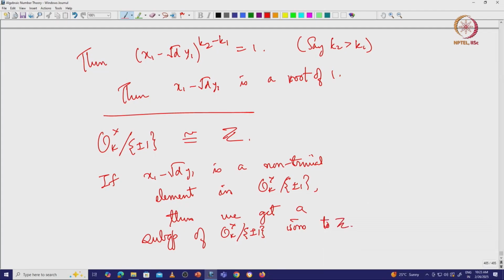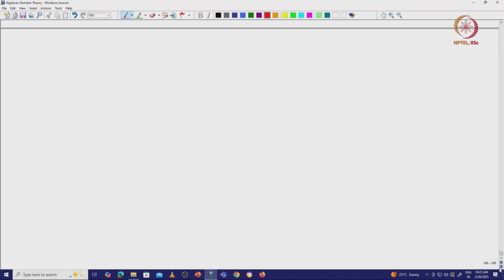Okay. So, we get a subgroup of this. We need not get the whole thing. We would like to find everything. We would like to get a non-trivial element that generates the whole group Z, right. But anyway, we will come to that in a moment, but let me give you some examples and show you how this is quite powerful.